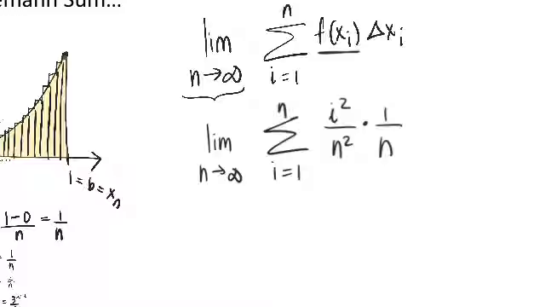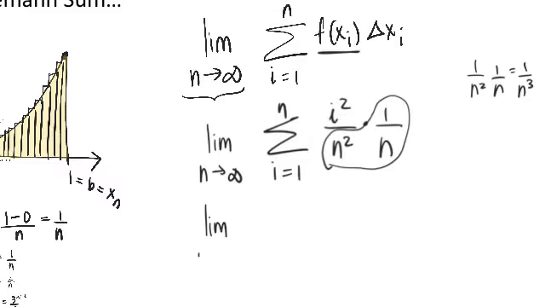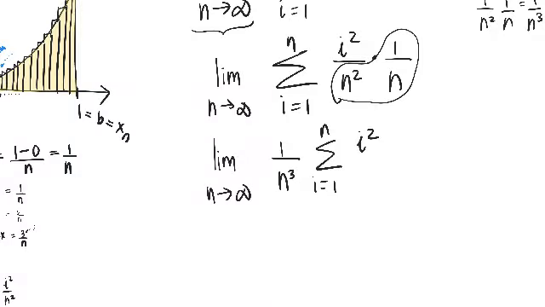What we're noticing is that this 1 over n cubed, right, because 1 over n squared times 1 over n is 1 over n cubed, that whole piece doesn't really depend on i. So I can pull that thing out of the summation, and I'll have this situation. Right? Because I only need whatever depends on i to be inside the summation.